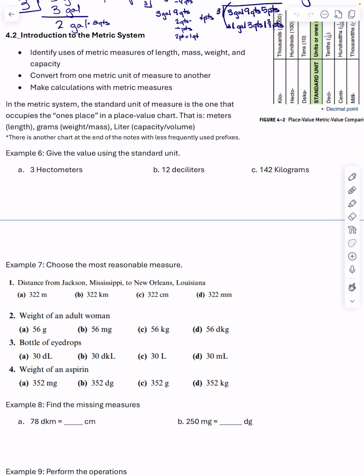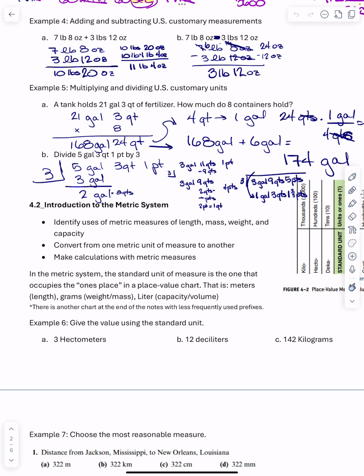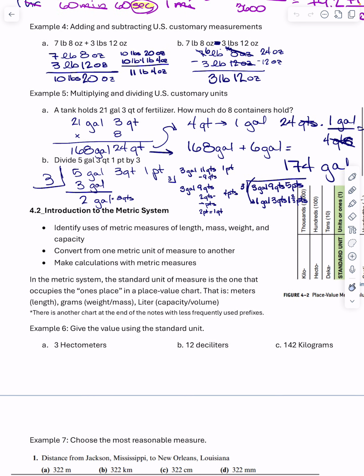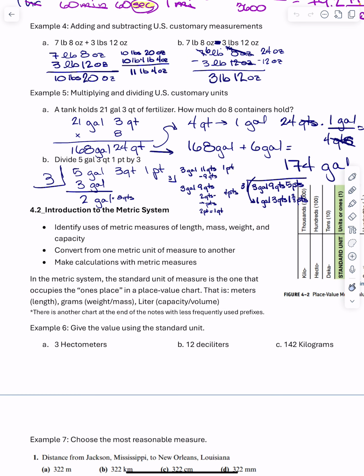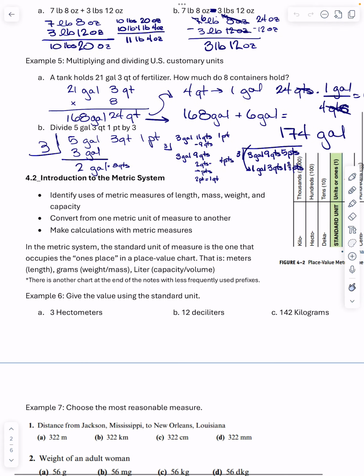Now, the metric system is nice because it's all based on a base 10 system, which makes it really easy to convert from one unit to the other. If you noticed when we talked about customary units, we had 8 ounces in a cup, 16 ounces in a pound, 2 cups in a pint, 2 pints in a quart, 4 quarts in a gallon.